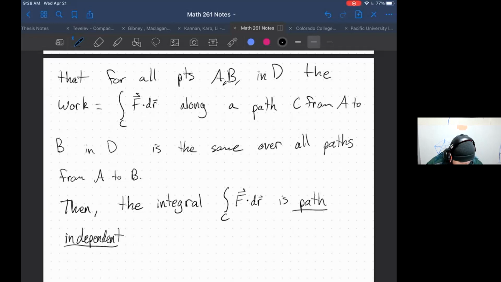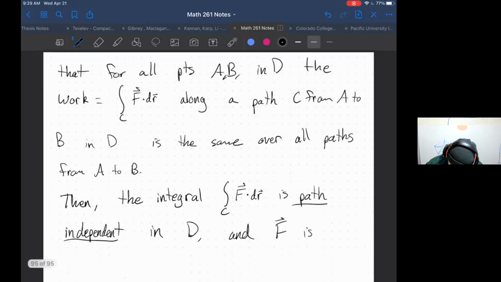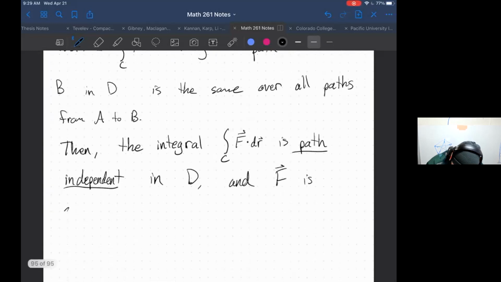This is the definition of path independent in D, and we call the vector field conservative on D.